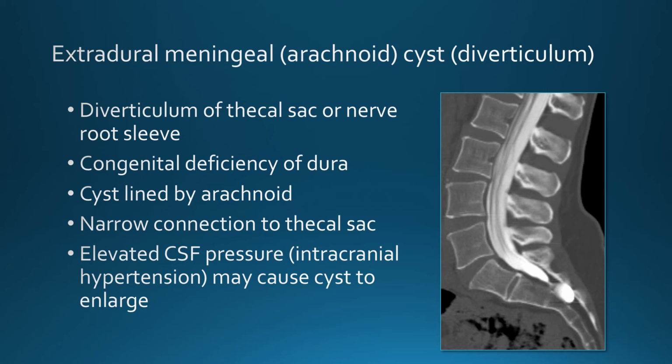These are diverticula of the thecal sac or nerve root sleeves. There's usually some congenital deficiency of the dura. The cysts are lined by arachnoid, so you can call them arachnoid cysts. They have a narrow connection to the thecal sac. Sometimes associated with elevated CSF pressure or intracranial hypertension. Sometimes if the pressure is high, that can cause these cysts to get larger.